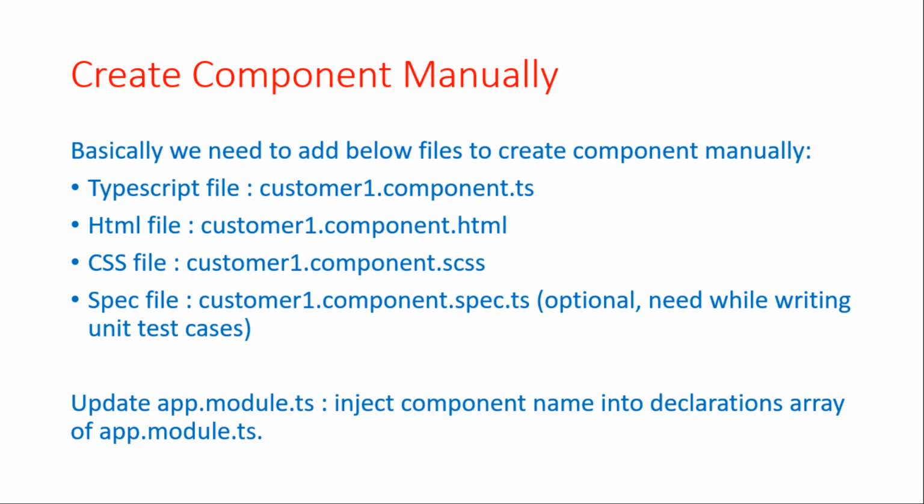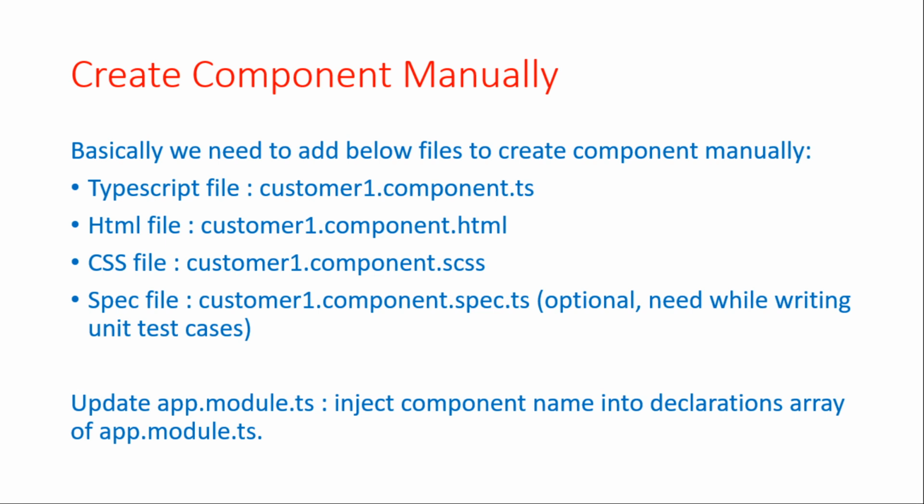So here we can see in all 4 files we keep .component in the naming convention, and the extension differs by file type: for a TypeScript file, .ts; for an HTML file, .html; for a style file, .scss; and for a unit testing file, .spec.ts. So the extension varies depending upon the type of the file, and we need to keep the name consistent. There is a standard for creating the name of the component as well.